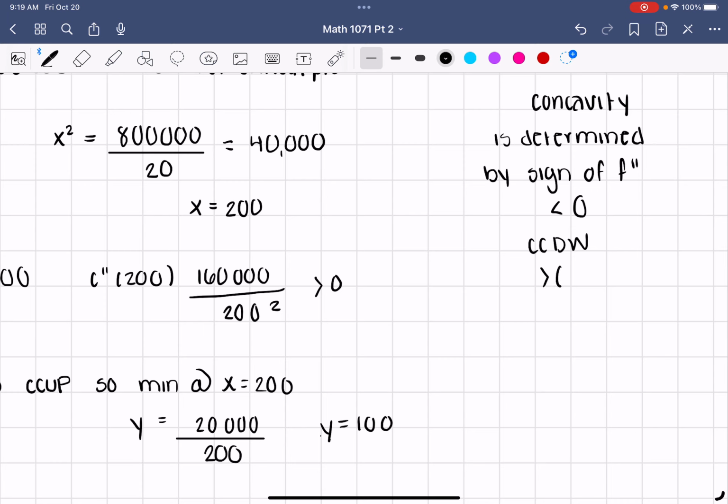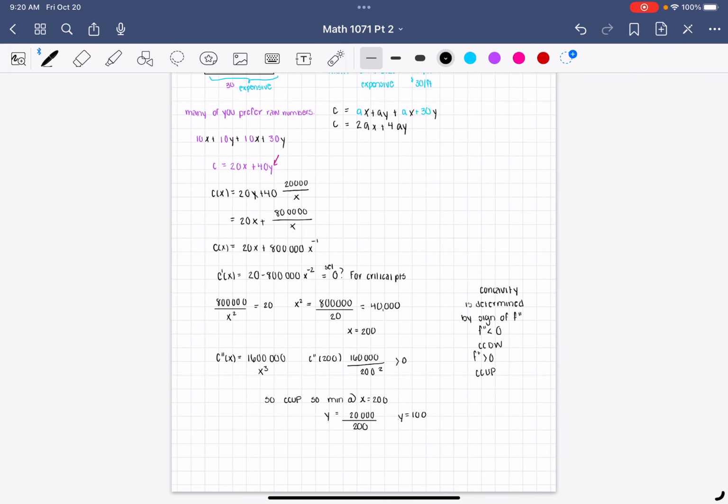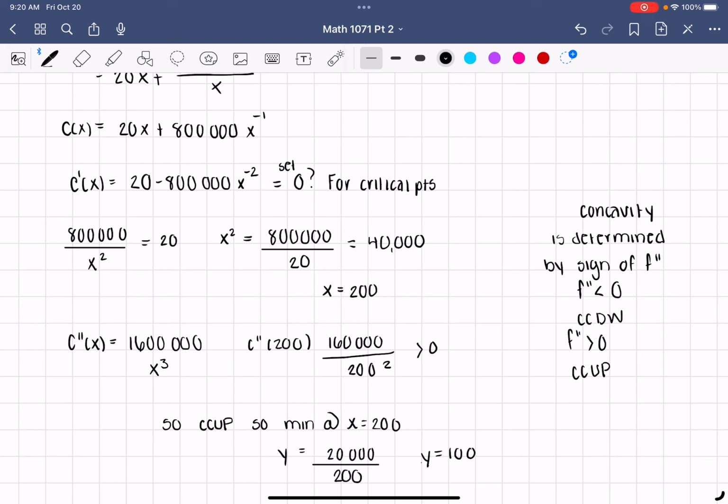Let's take a look at number 9. A bus company charges $10 per person for a sightseeing trip if 30 people travel in a group. If for each person above 30, the company reduces the charge per person by 20 cents, how many people will maximize the total revenue for the company?